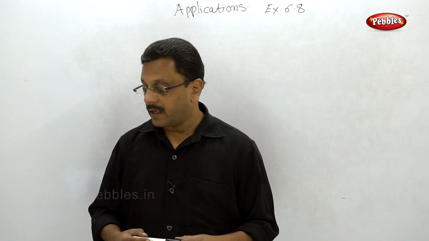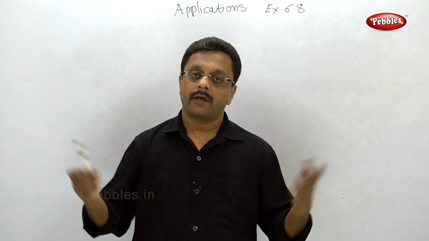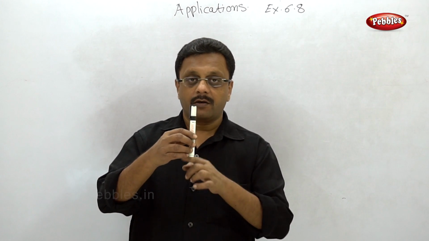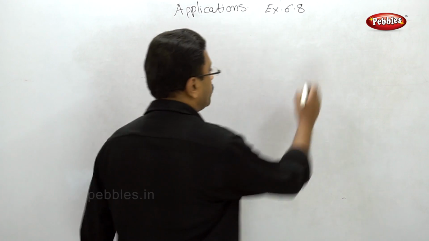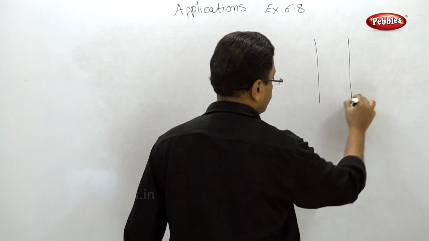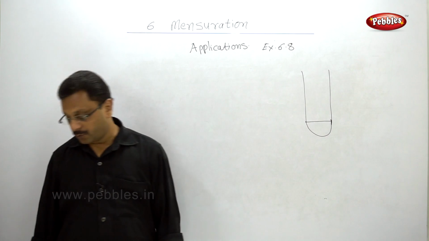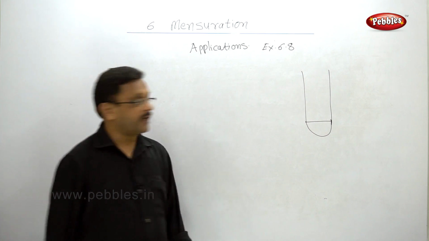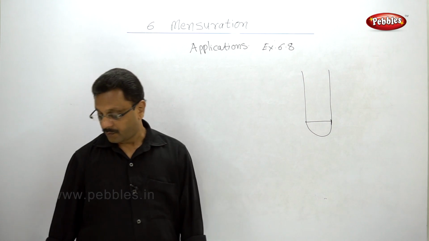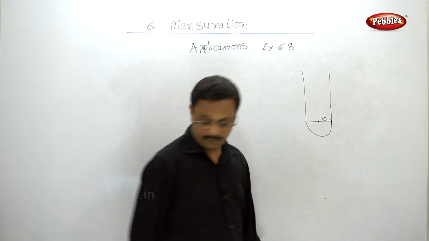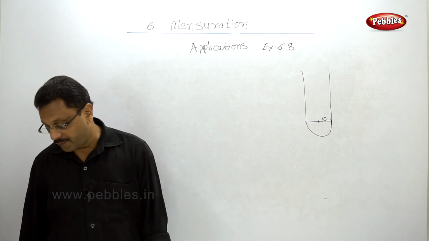The third problem is a test tube has a diameter 20 mm and height 15 centimeter. It's a test tube. That means it's a cylinder with a hemisphere at the bottom. So this is your test tube. Diameter is 20 mm, so the radius is 10 mm, and a height 15 centimeter.